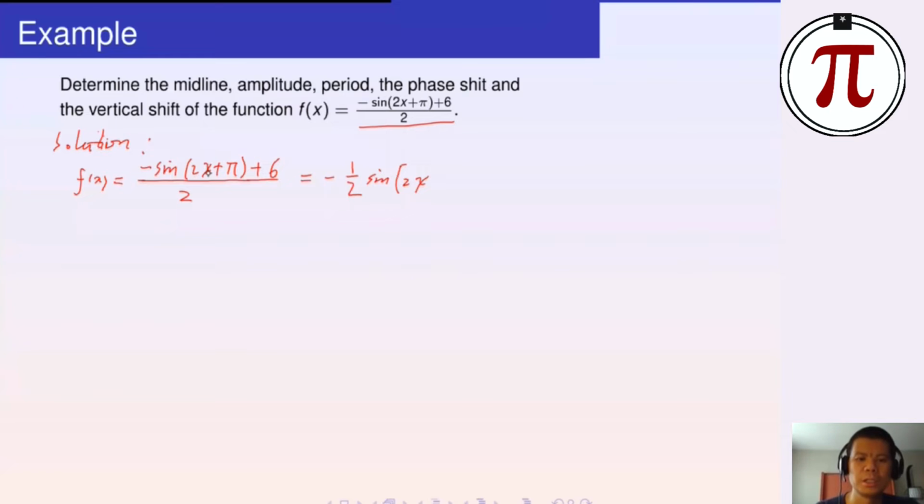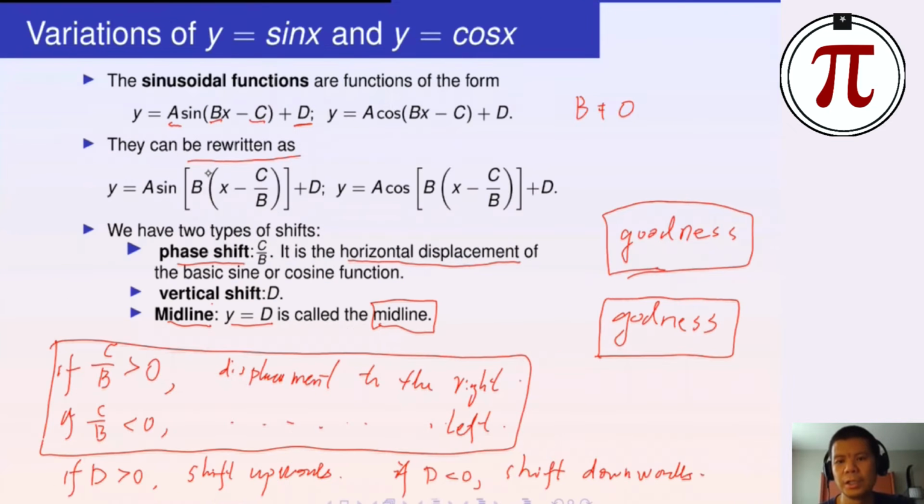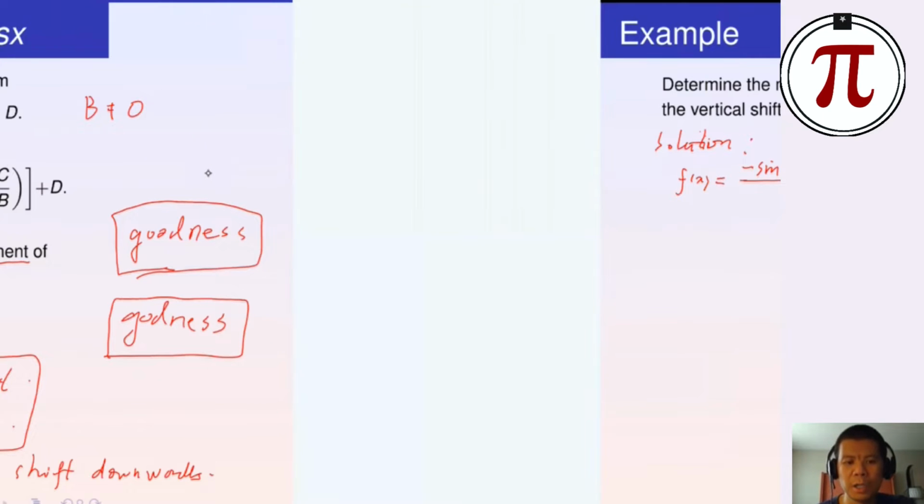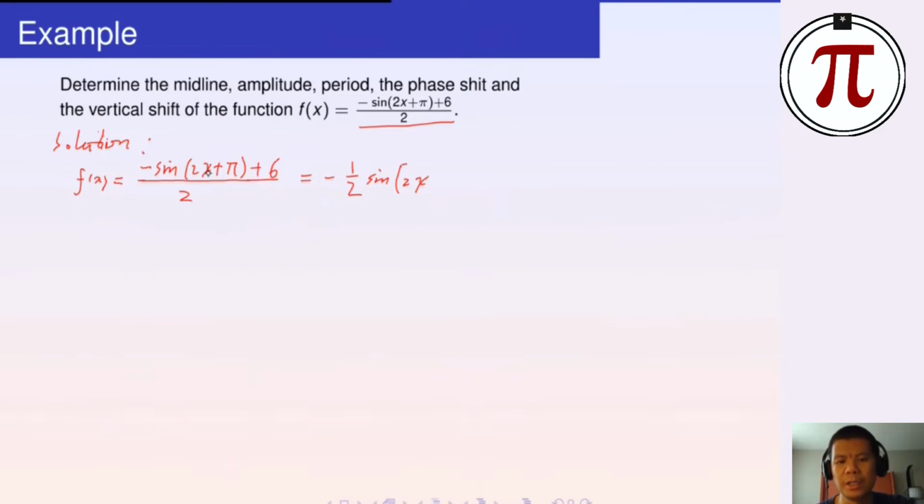Now we need to write it in the form bx minus c. Here it is plus pi, and plus pi is the same as minus negative pi. Does that make sense?